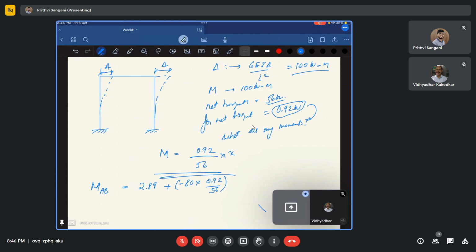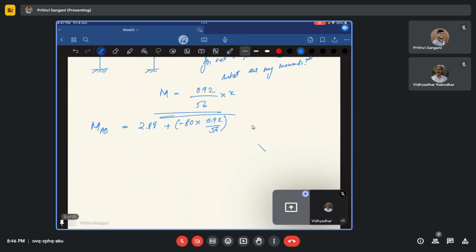I have assumed that for 100 kilonewton meter, I'm obtaining a moment of 80 in my support reactions. But that is not what I need, because that gives me a net force of 56. I need to negate it by 0.92, so I should multiply by 0.92 divided by 56 times minus 80. So this is going to be 1.57 kilonewton meter.